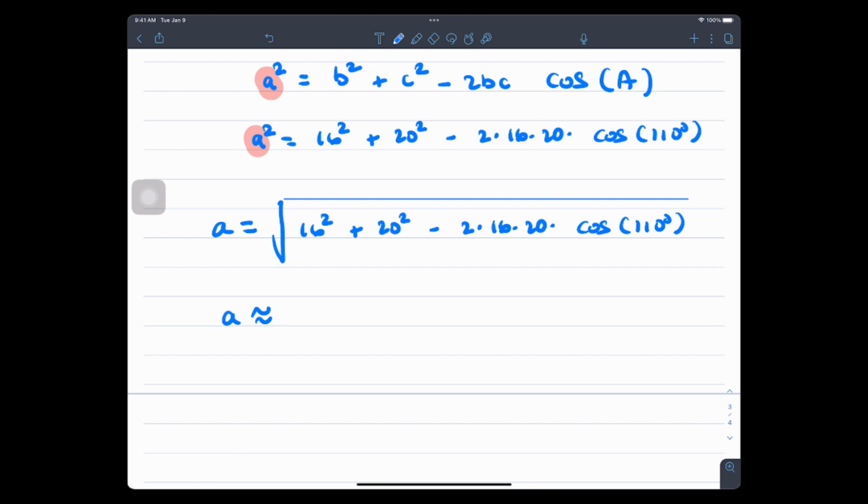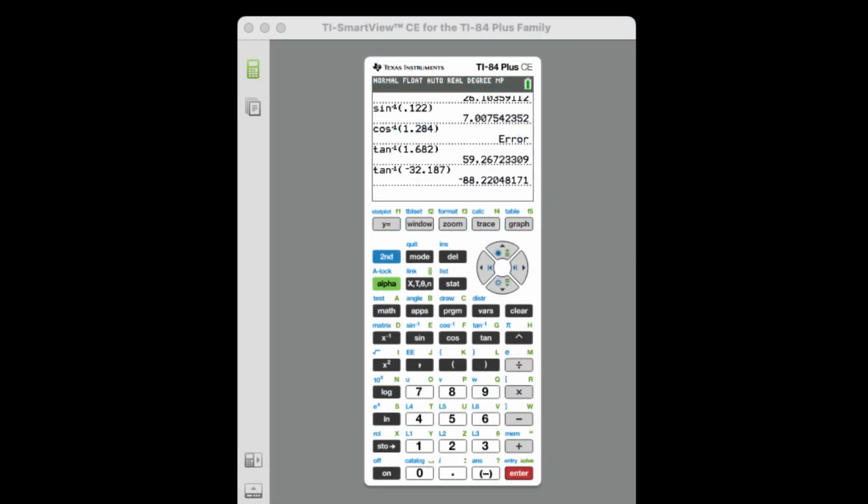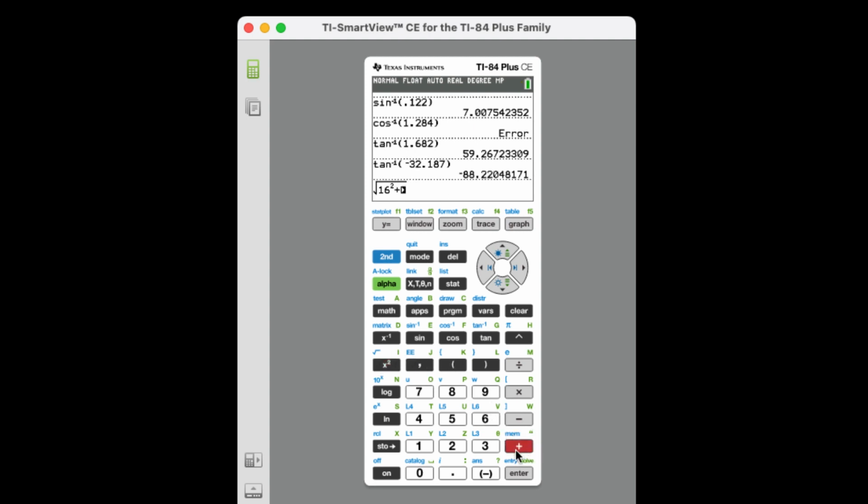Okay, so you're using the square root there. And remember in your calculator, this is really what you're going to answer. So you're going to have to go with that process of entering these things here. Second square root, and then you have 16 squared. There's a square key here. There we go. Plus 20 squared minus 2 times 16 times 20 times cosine of 110.